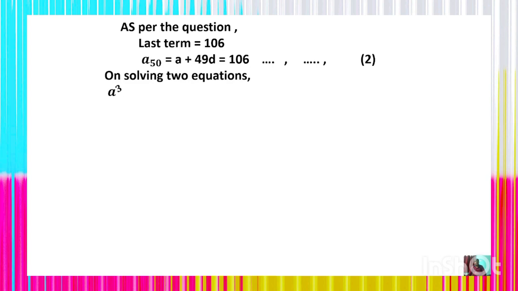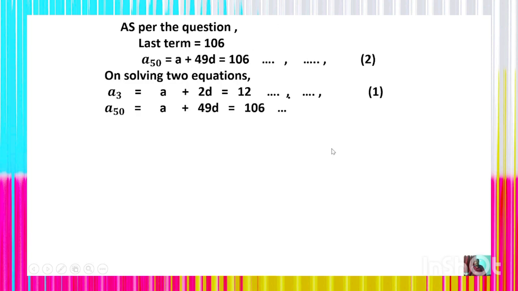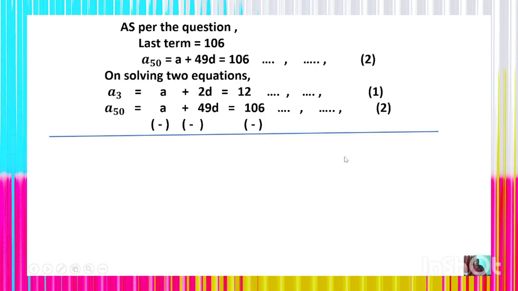Now, see, the third term A3 is equal to A plus 2D, which is 12, and A50 is equal to A plus 49D is equal to 106. Subtracting equation 1 and 2, after cancellation of plus A and minus A, we get 2D minus 49D, which is minus 47D, which is minus 94.